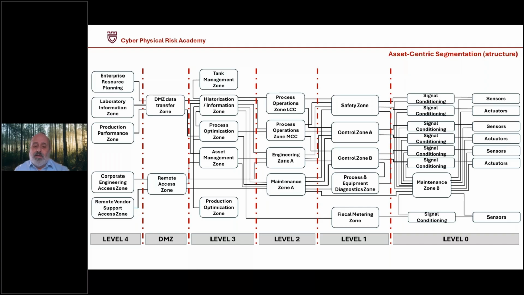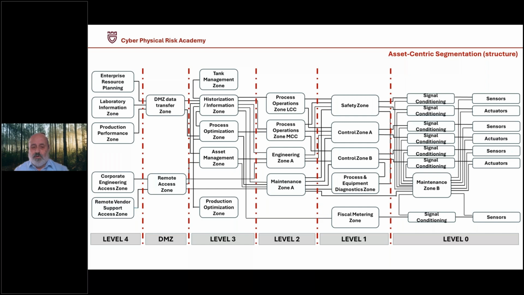And then you have level 3, which is all kinds of common functions for plant management. You typically also connect tank management in that zone, historization, various information functions, all kinds of energy and material balances that you want to see and manage.